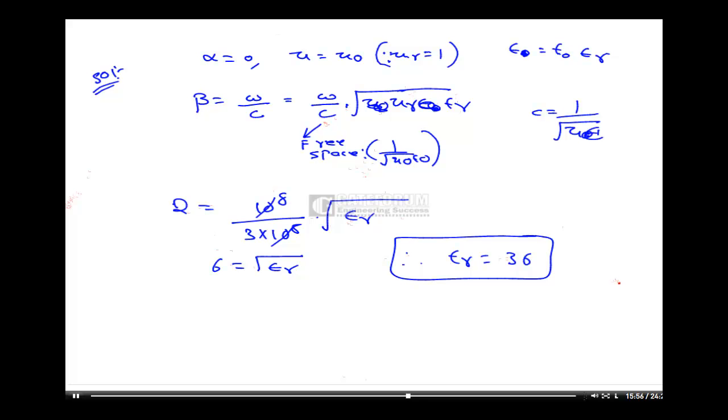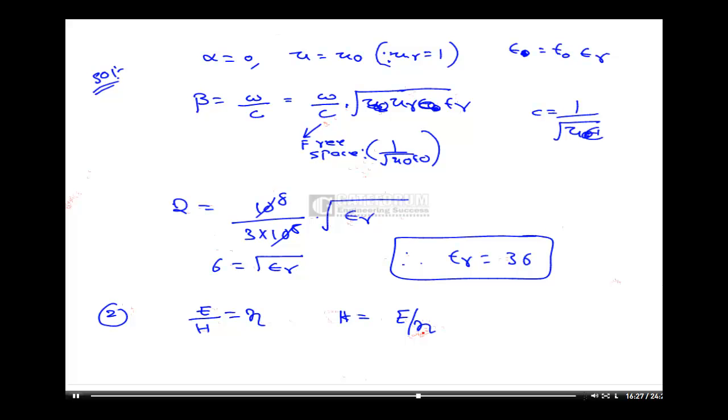This is the first one. What is the second one? Second one, we have to calculate H field. Very simple. I know that E by H is equal to eta. H is equal to E by eta. E is given already. Since it is a lossless medium, eta has only magnitude, phase is 0. We know it very well. What is that magnitude?